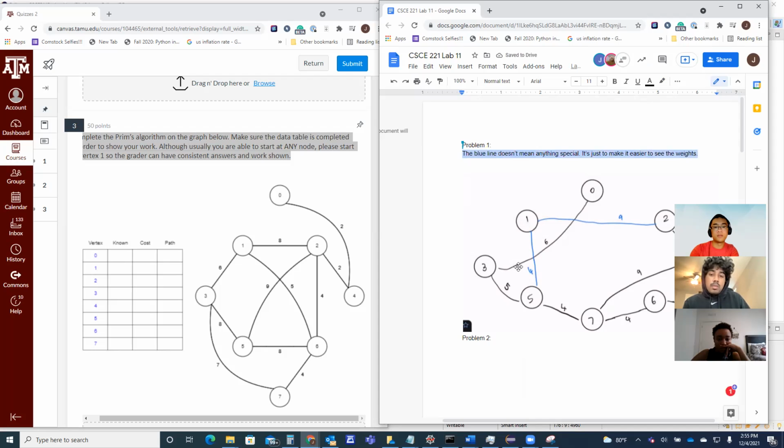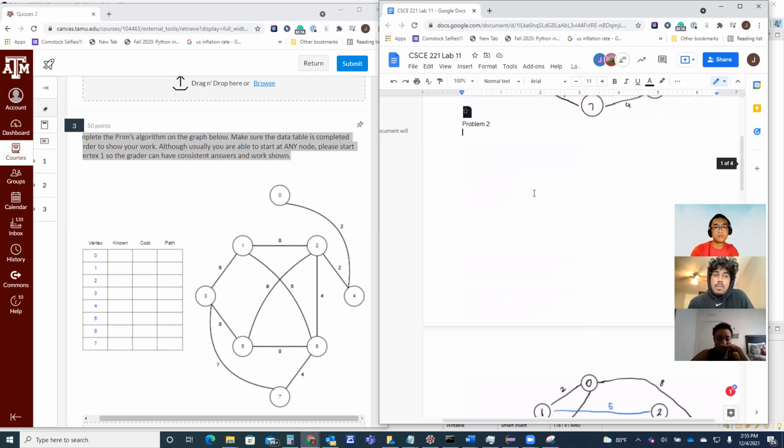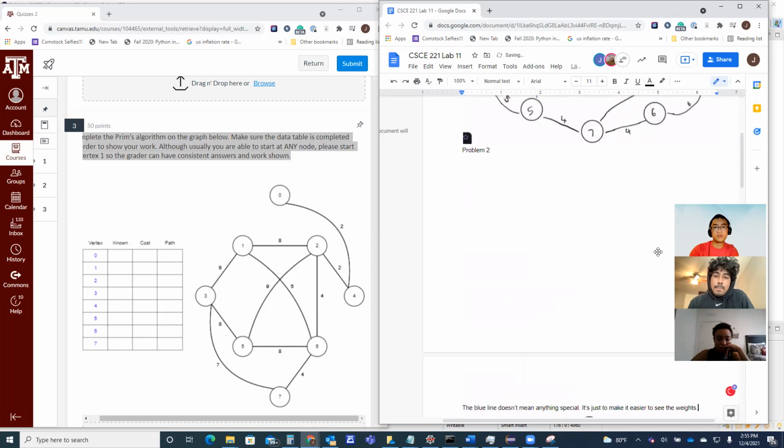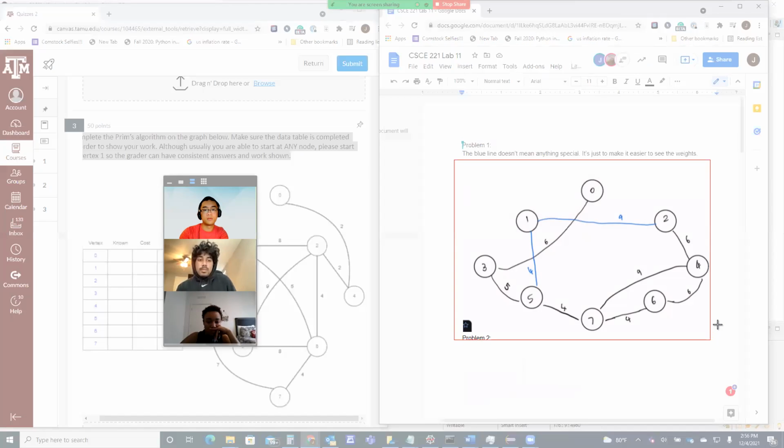And then same thing for problem 2. And then I should be able to snapshot these. You didn't get the comment in there.